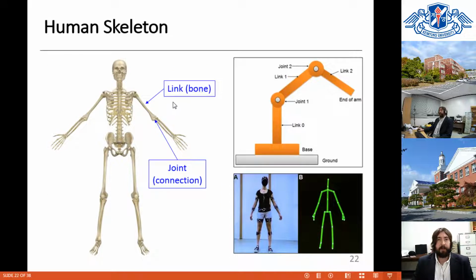Please have a look at a human skeleton. As you might see from here, the human skeleton consists of bones, which are called links, and they are connected at connection points, which are called joints. Here they are. These are connection points. Here is a connection point. Here is also a connection point.